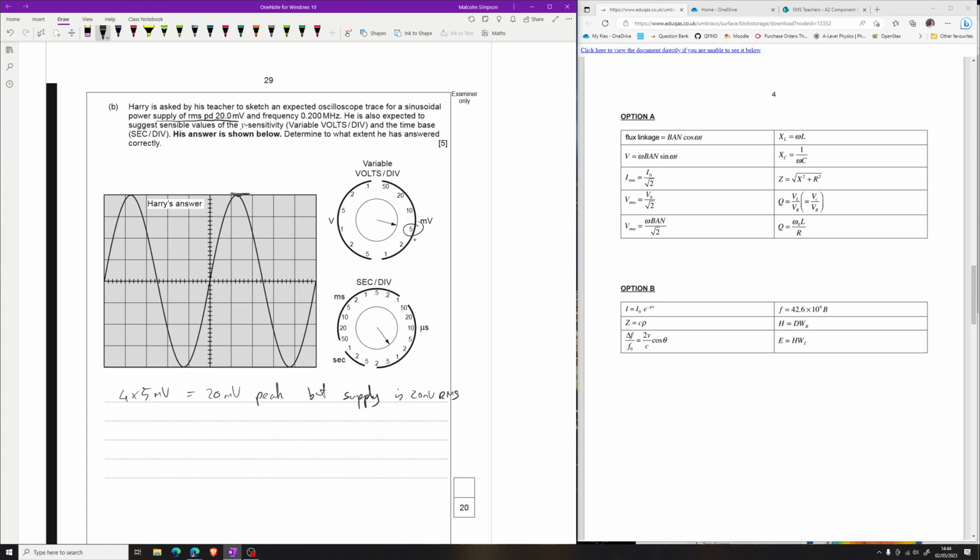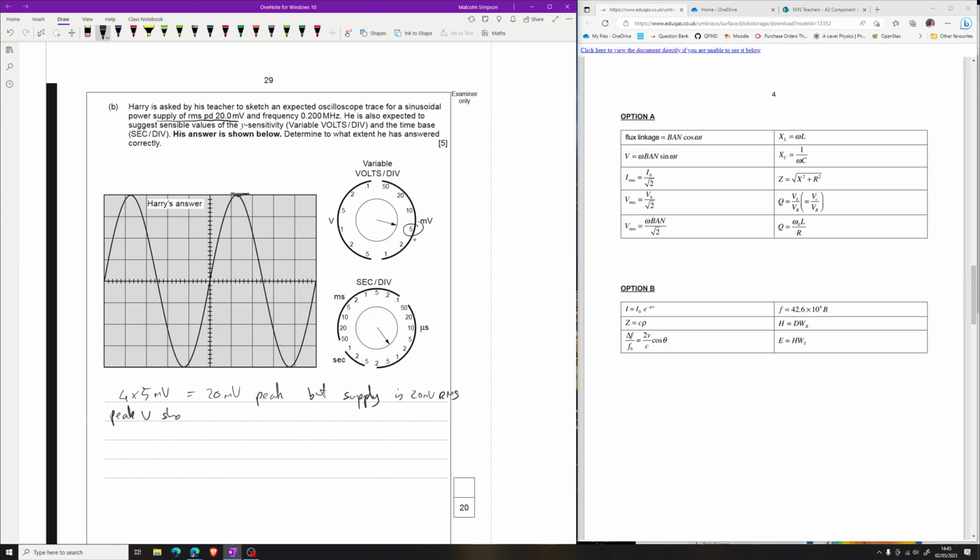So there are quite a lot of marks for this, so I'm guessing we're going to have to do some other calculation here. I would suggest we either calculate what RMS value this gives, or calculate what the peak value of this should be.